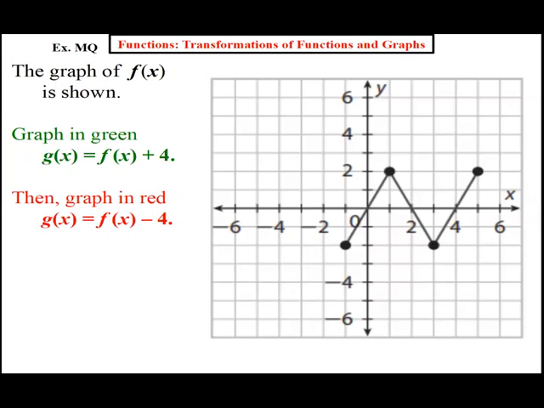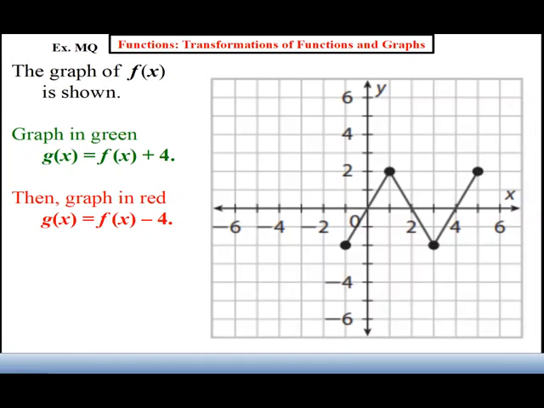All right, let's see what we got. For the green, the transformation is 4 steps up. Is that correct? Yes. So I take each point and I go 1, 2, 3, 4, for each of the points.